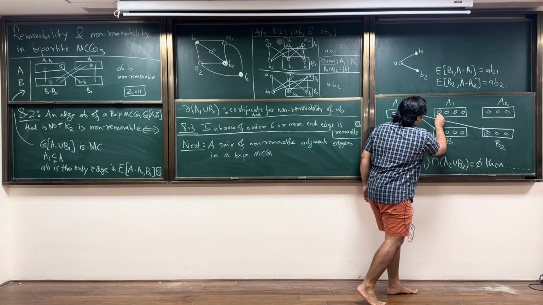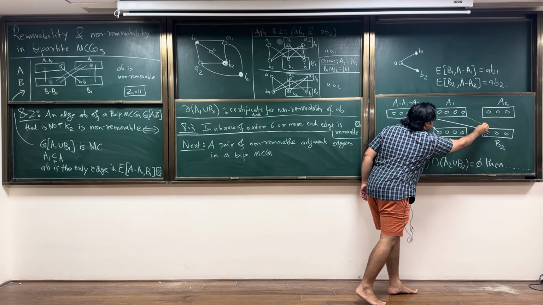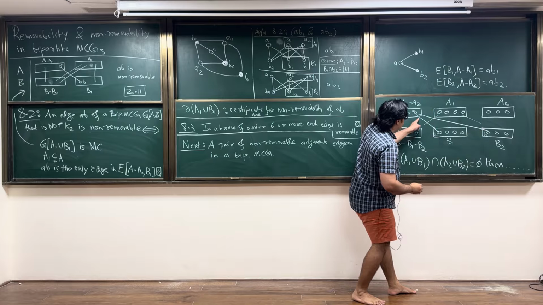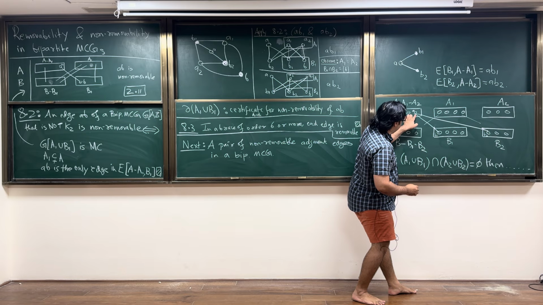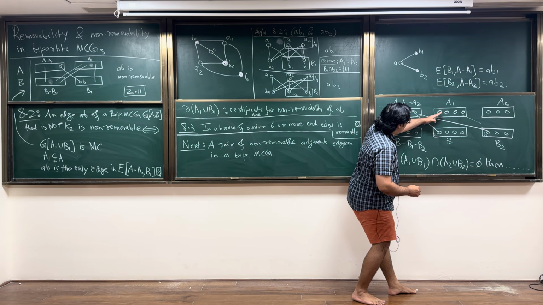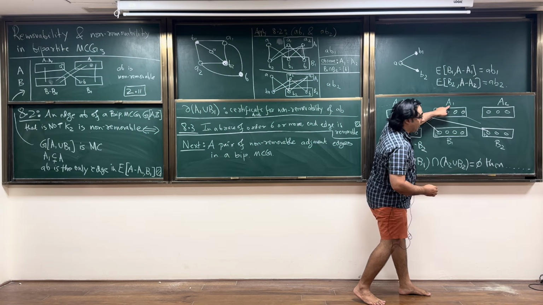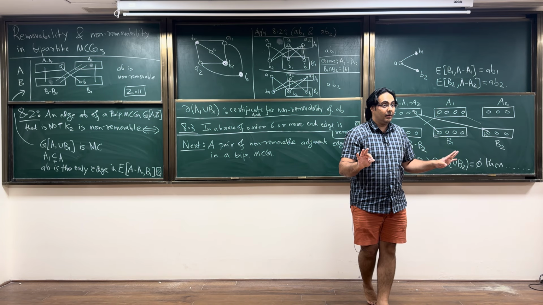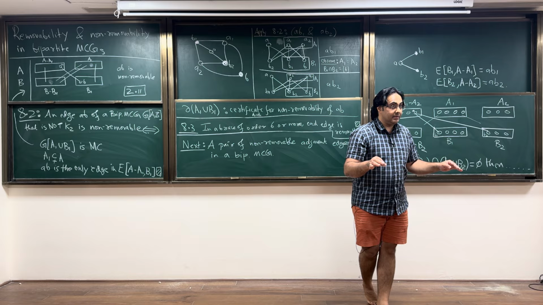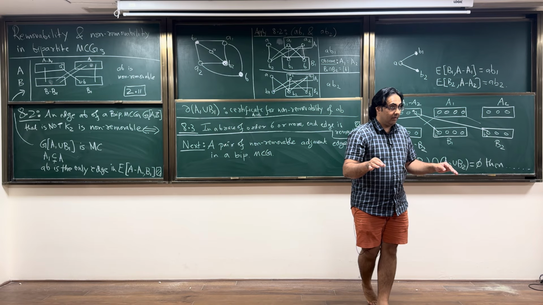Every such edge, whether it goes like this or it goes like this, needs to use this edge in the perfect matching. If I remove this edge from the graph, then all such edges that are going from A1 to outside B1 all become unmatchable in G minus AB1. Right?